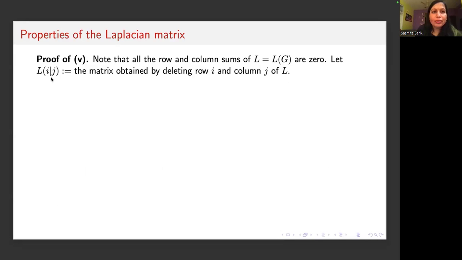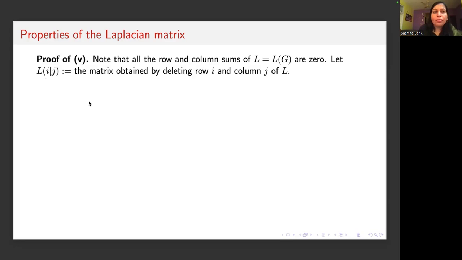For the cofactor, obviously you have to take minus 1 to the power i plus j and the determinant of the submatrix obtained by deleting the row i and column j of L. That I'm denoting by Lij. So the cofactor of ij will be minus 1 to the power i plus j, determinant of Lij.